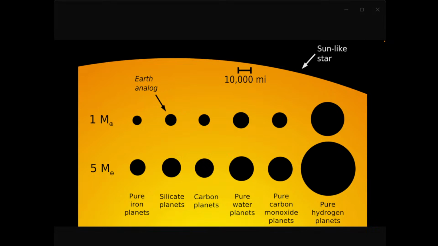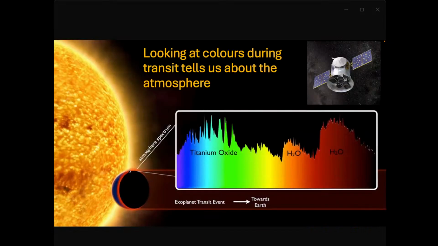We can get more information than this too. We're only thinking about that shadow in one color. If we get a whole bunch of different colors, if we do some spectroscopy, well, then we can get even more. Because we've got this really good ability to discern brightness, we can detect not only the shadow of the planet, but also the light that passes through that planet's atmosphere, around the edge of the planet as it goes in front of its star.